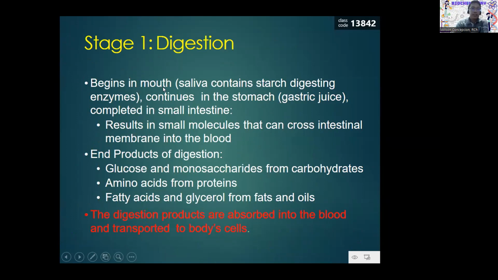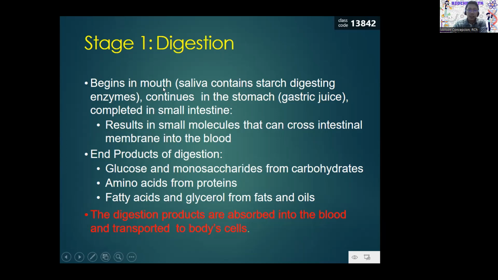So, that is the mechanical part of digestion. But as we eat, as we chew our food, nag-release ng enzyme yung ating salivary glands. So there are enzymes in our salivary glands. There are enzymes produced by the bacteria in the mouth, okay, to break down starch.